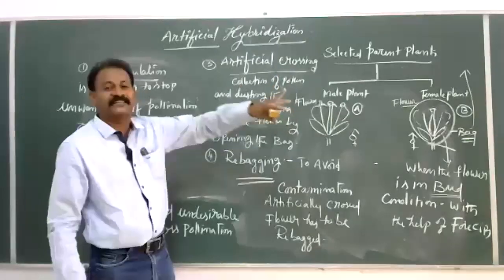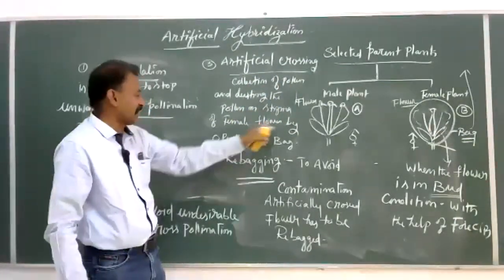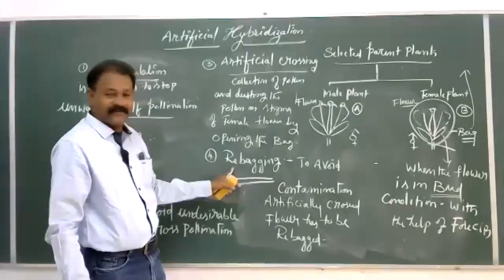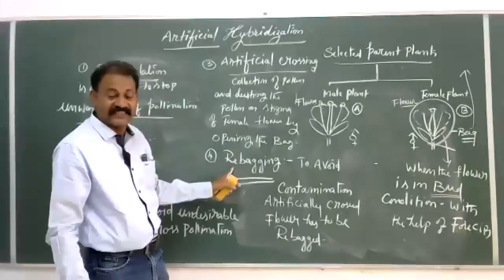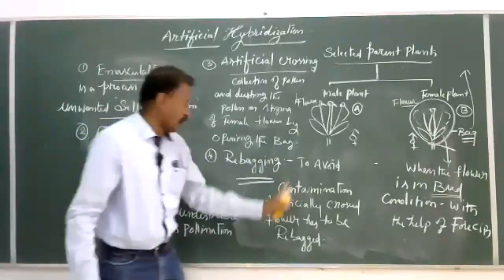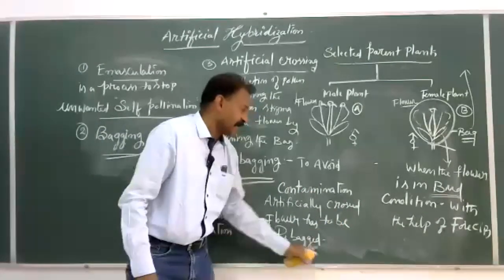Wanted pollen, wanted stigma. We collect the pollen and dust it on the stigma of the female flower by opening the bag. Once the artificial cross is finished, there is a chance of contamination, so rebag to avoid contamination. The artificially crossed flower has to be rebagged.